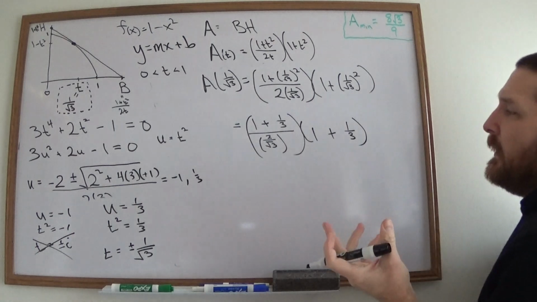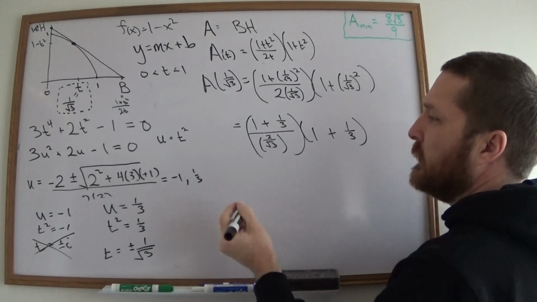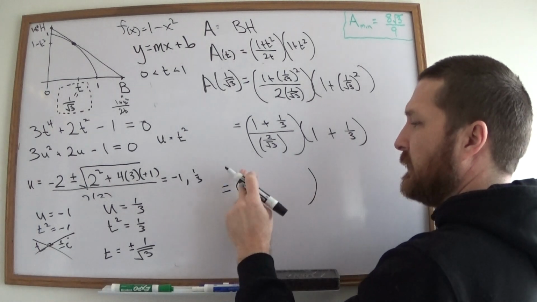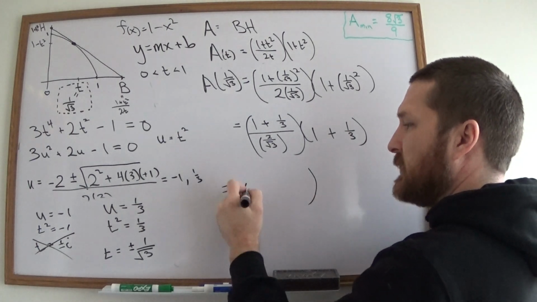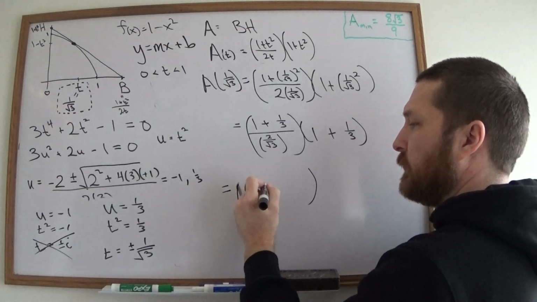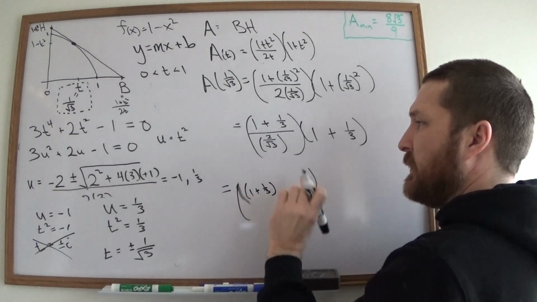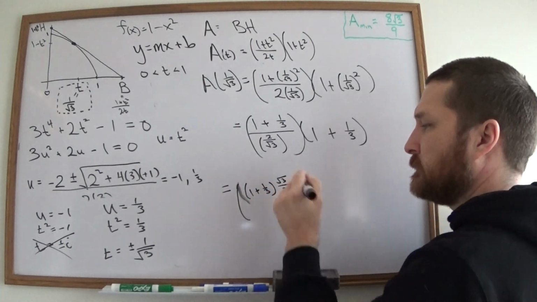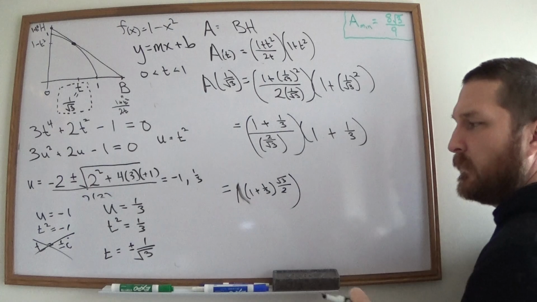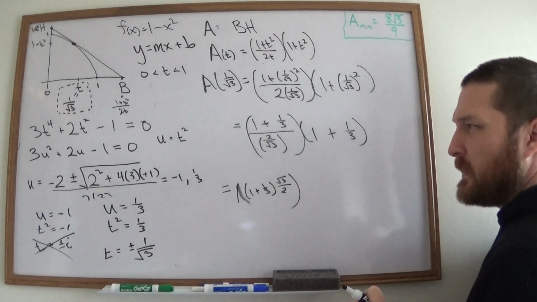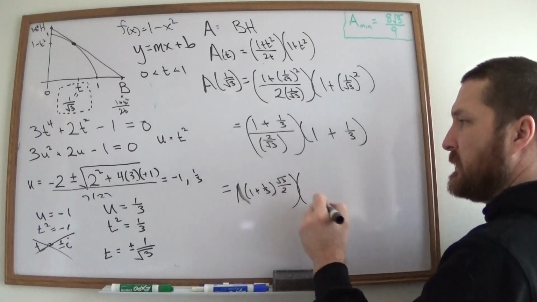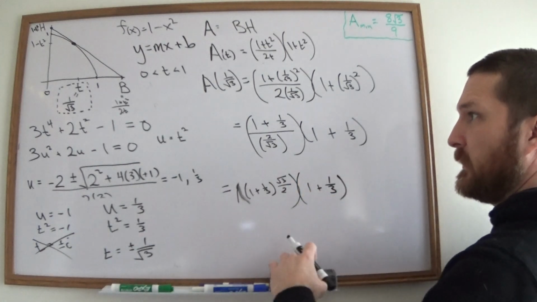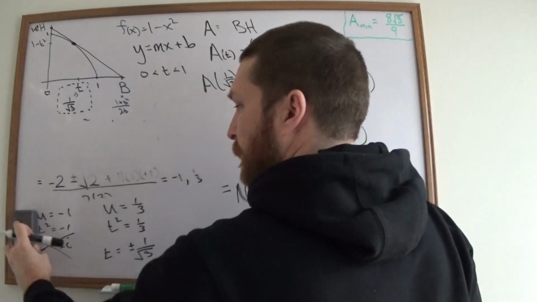How do we want to go about doing this? I'm going to bring this up into the numerator. So in the numerator we have 1 plus 1/3, and the denominator comes up as root 3 over 2. Let's get some more room over here.